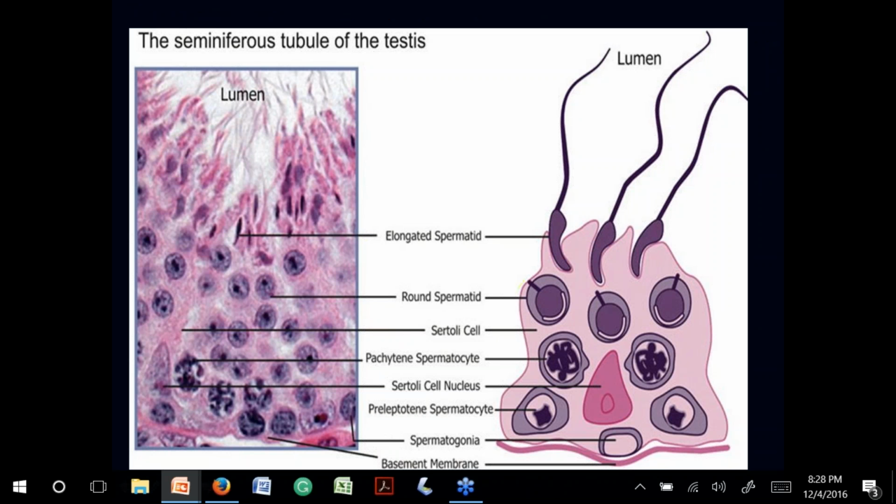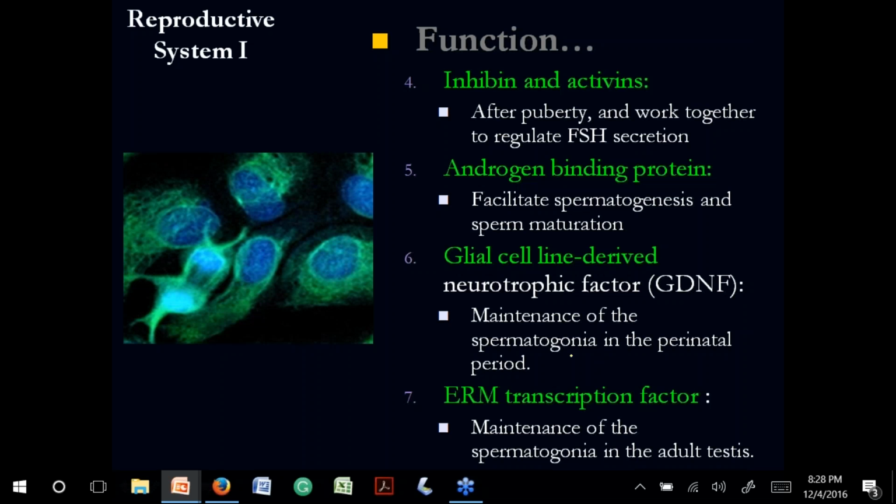Here we have the Sertoli cell, all this is the cell. Here is the nucleus of the Sertoli cell. And here we have the spermatozoids that are going to get nourished from the Sertoli cells. We have other hormones that we are just going to mention for this moment, inhibin and activin.